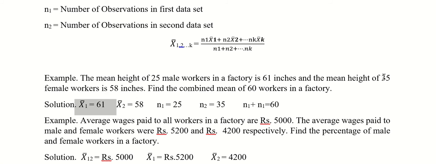There are 35 female workers, so n2 is 35, and their average height is 58 inches. So x bar 2 is 58. So here n1 plus n2 is 60, since 25 plus 35 is 60. Now we have to calculate the combined mean.